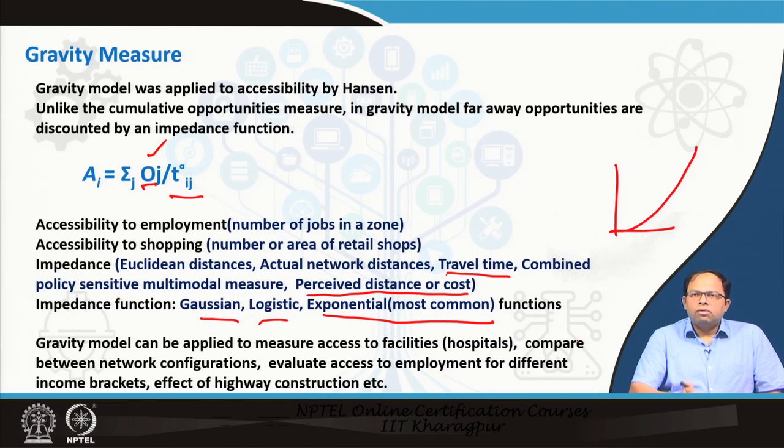The network structure of the city could also be compared, and we can say this network structure is more effective, or this one provides low accessibility. In that way we can do that. We can evaluate access to employment for different income brackets. We can evaluate the effect of highway construction, and many other things could be evaluated using these accessibility measures.